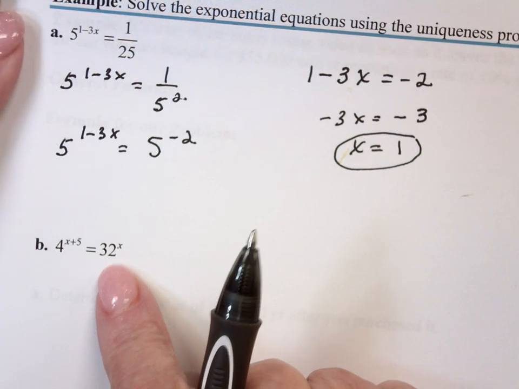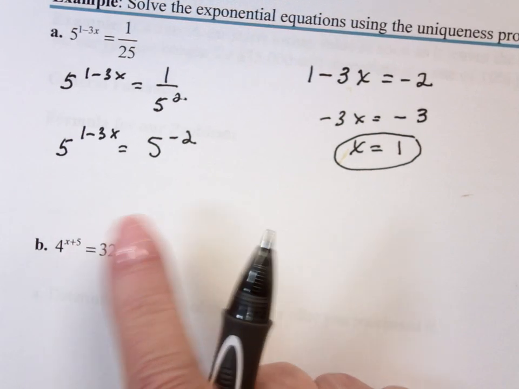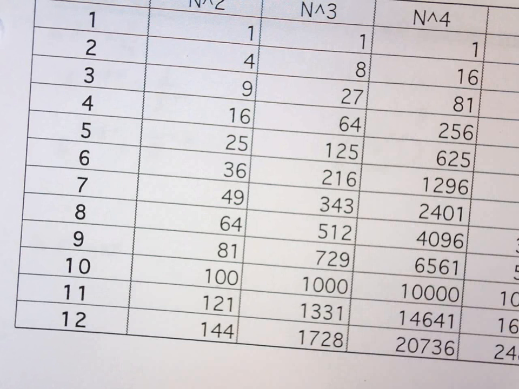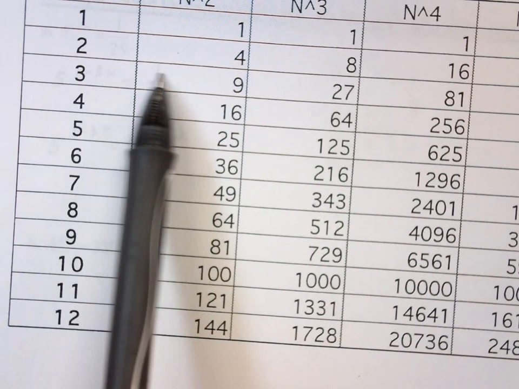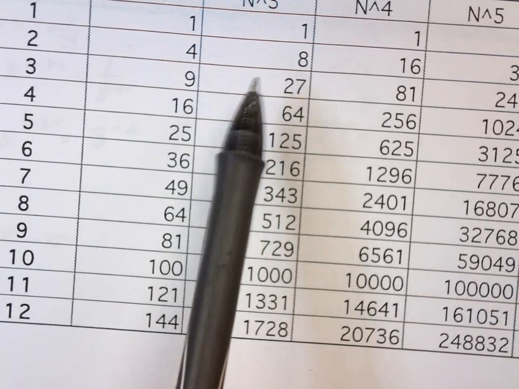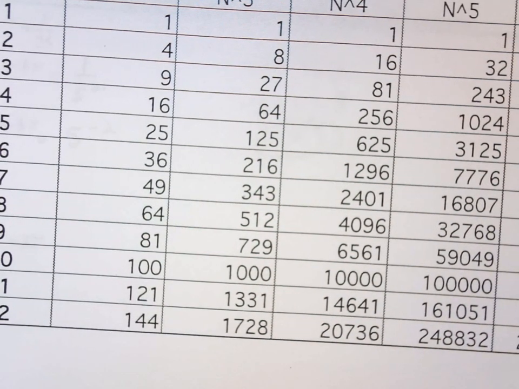You can still get the answer, but it's really bad. But I also noticed that if I go down to powers of 2, 4 and 32 are both powers of 2. So they both can be written to a base of 2.